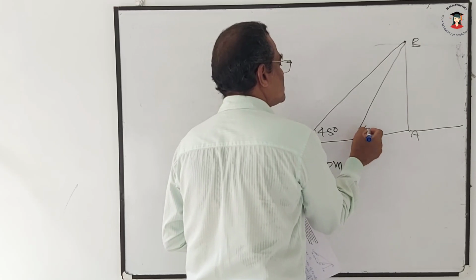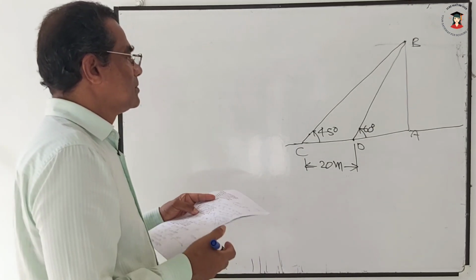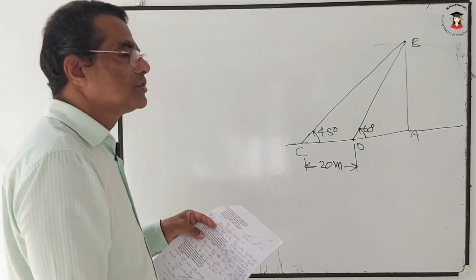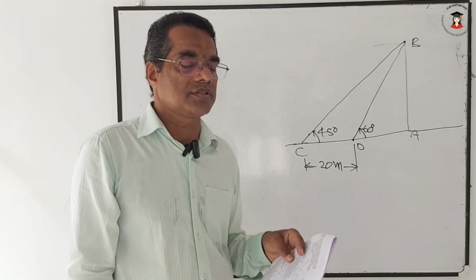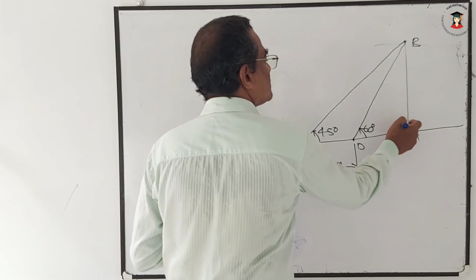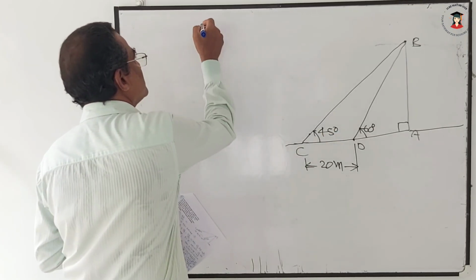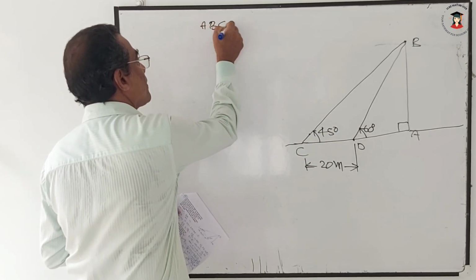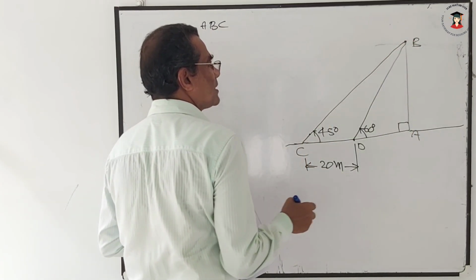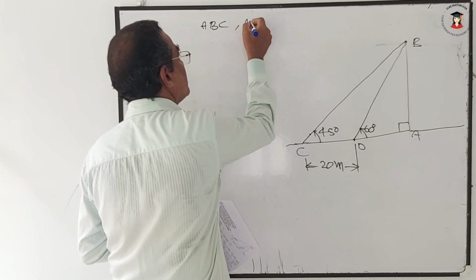So this angle is 60 degree. And we are asked to find out the height of the tower correct to 2 significant figures. So, what are the 2 right triangles here? The first right triangle is ABC. The second right triangle is ABD.